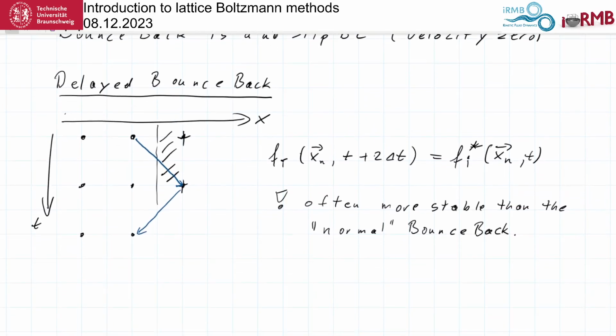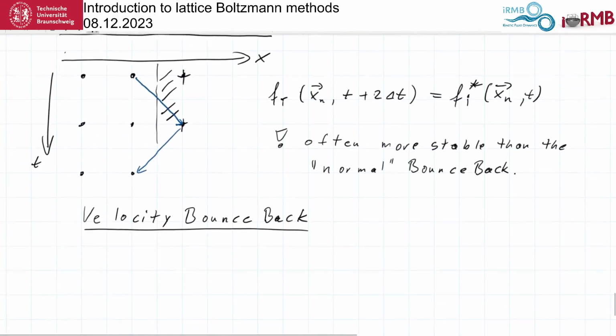Now this only gives us no-slip boundary conditions. What we are also interested in is velocity boundary conditions, and for this we use velocity bounce back. There's also pressure boundary conditions, but we'll not come to this here, unfortunately, because of time.